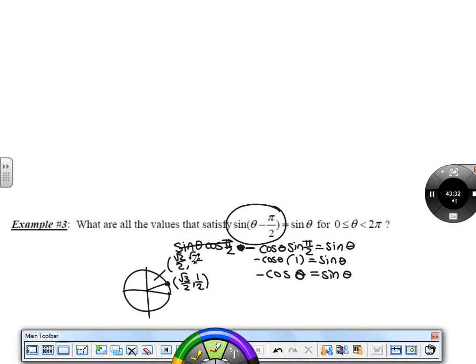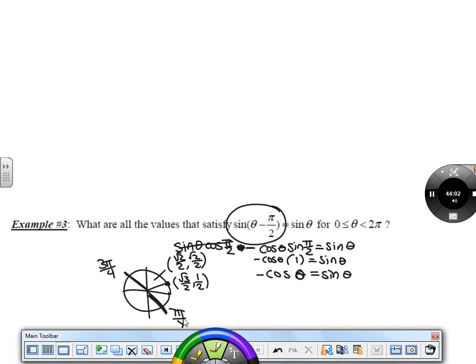No, because what's the matter with that? I'm in the right realm because at least the numbers match, but do they make this true? Root 2 over 2 and negative root 2 over 2. What needs to happen? One needs to be negative and one needs to be positive. So second or fourth quadrant. What is the 45-degree angle over here in the second quadrant in radians? 3 pi over 4. And then in the fourth quadrant, 7 pi over 4.